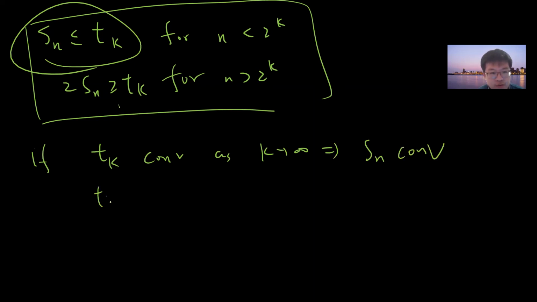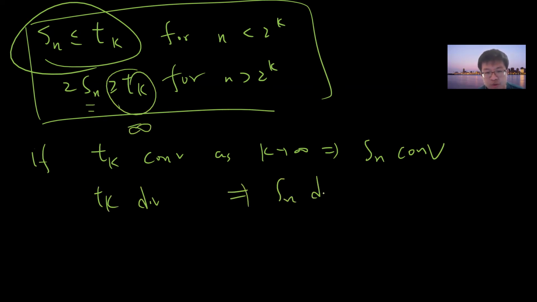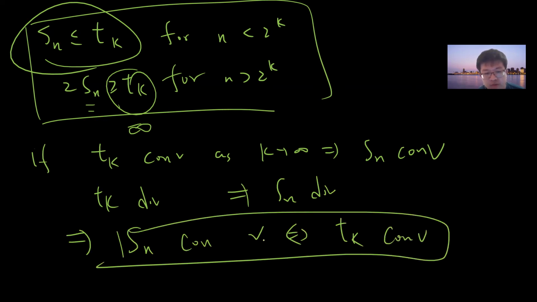If Tk diverges, that means it blows up to infinity, then Sn blows up, so Sn diverges. Writing down everything: Sn converges if and only if Tk converges, and Sn diverges if and only if Tk diverges. Very beautiful proof.